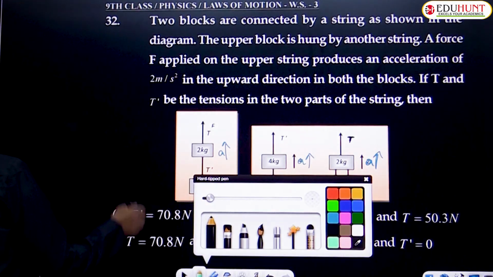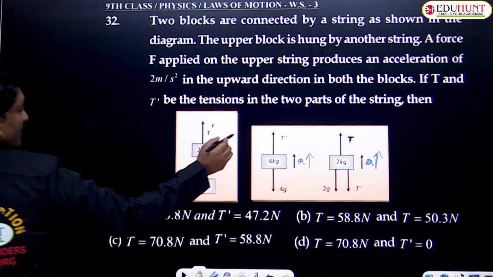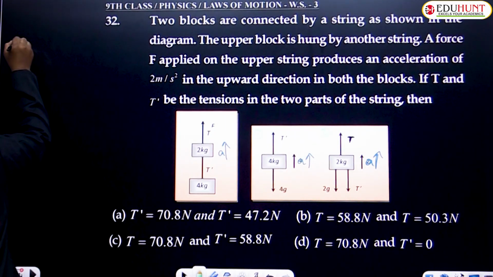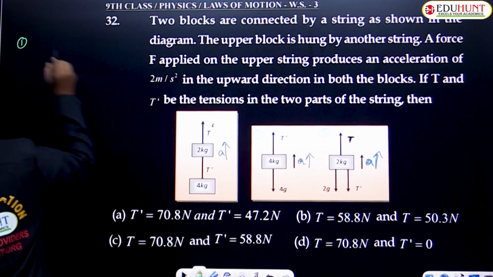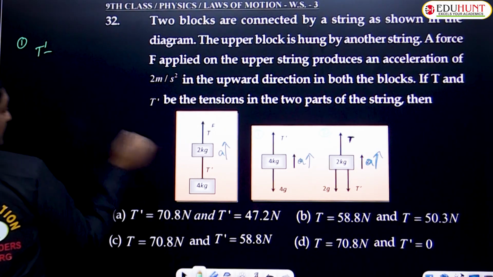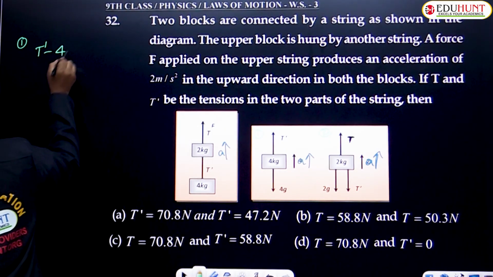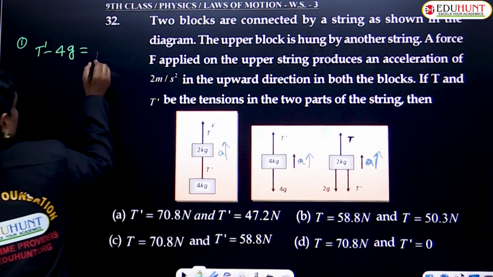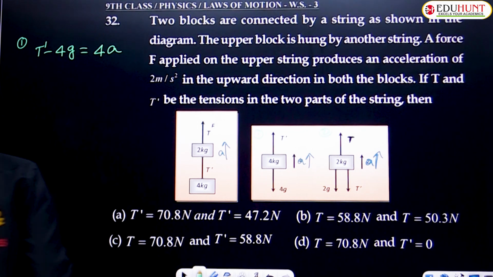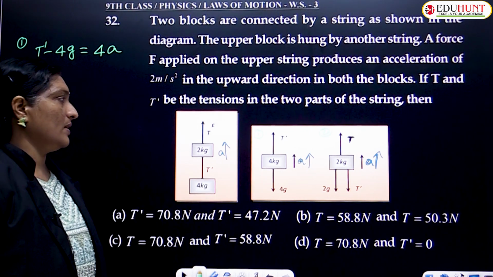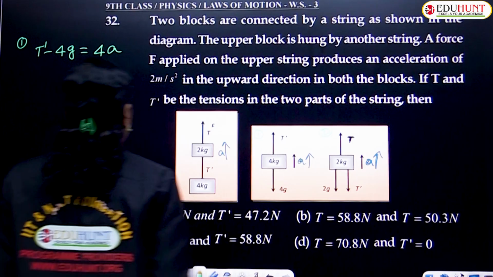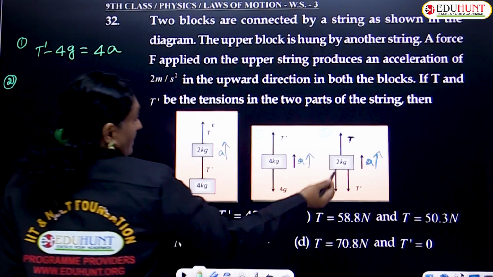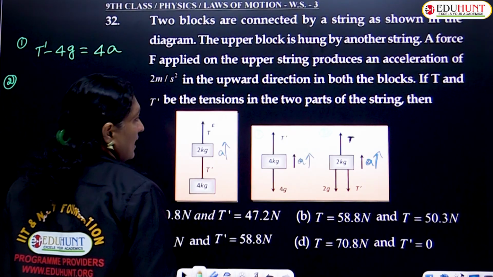Hence for case 1, the equation can be written as: upward force, that is T dash, minus downward force, that is 4g, must be equal to mass into acceleration, that is 4 into a. This is your first equation. Now moving to the second case. For case 2, if you observe, here also it is moving upwards.